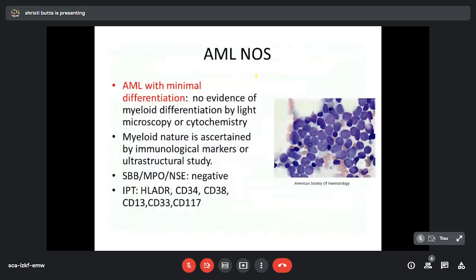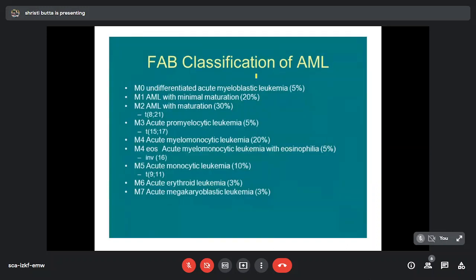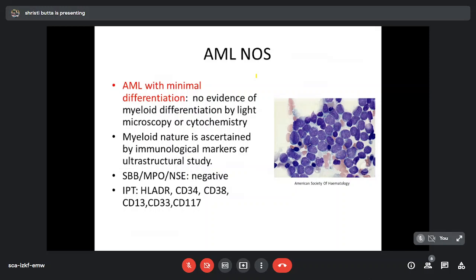Now coming to AML NOS. Now AML NOS is similar to what was classified by FAB. So WHO keeps the FAB classification intact, okay, and it renames it as AML NOS. So AML with minimal differentiation. So there is no differentiation evident by light microscopy or cytochemistry of myeloid nature.